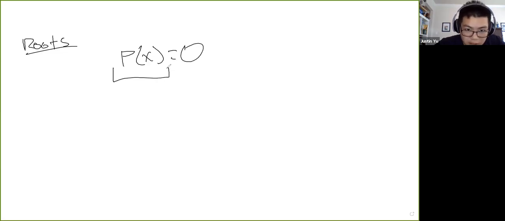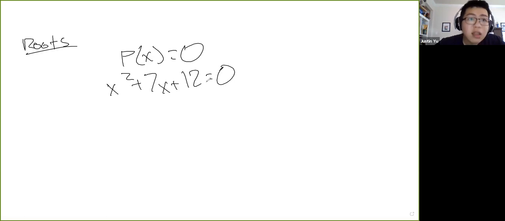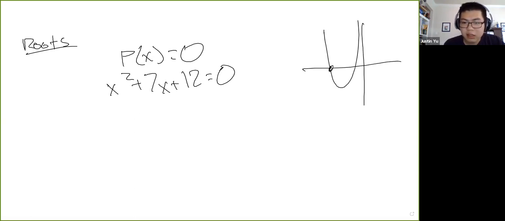This is the normal convention to define a polynomial, but let's give an example: x squared plus 7x plus 12. You can also call these solutions to this equation, or zeros. They're all really the same thing. The reason that they're called zeros is because when you graph it, the roots and these zeros line up exactly.